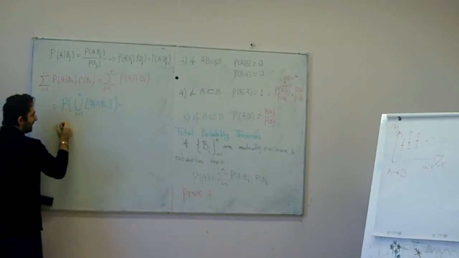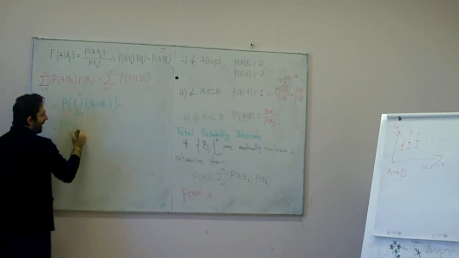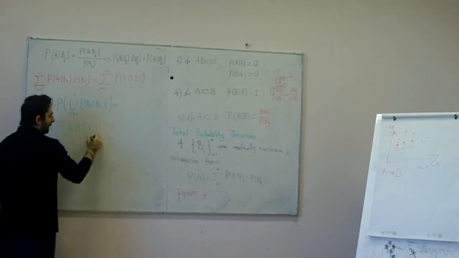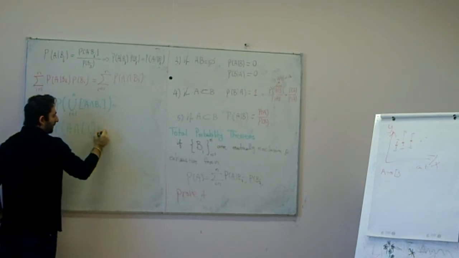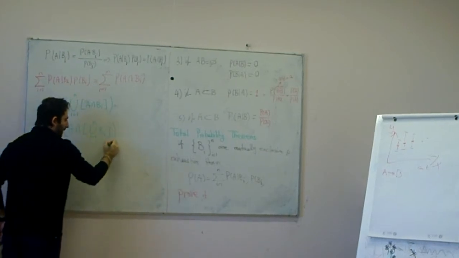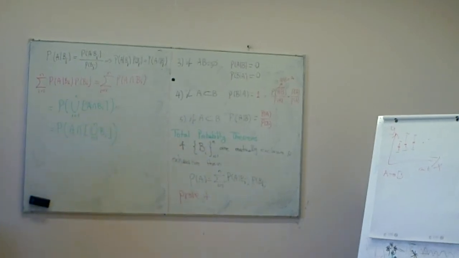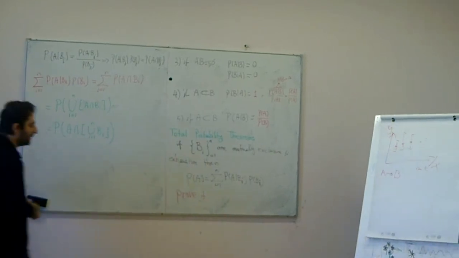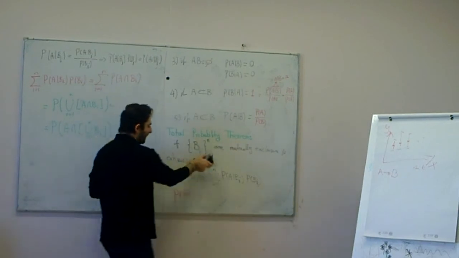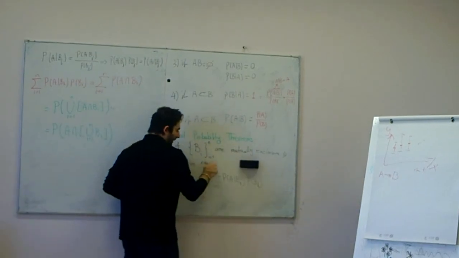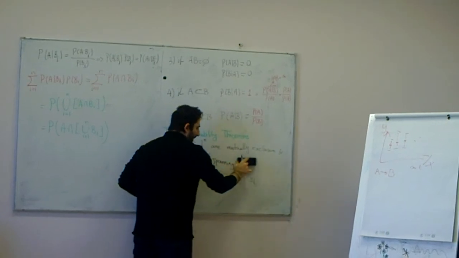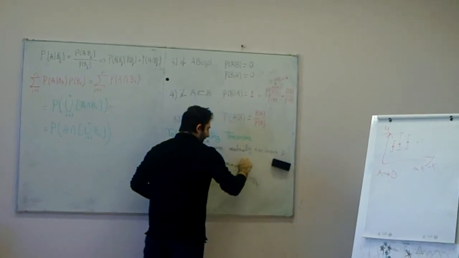And this means P of A intersected with the union of all Bi's. This should be exhaustive, spanning omega.